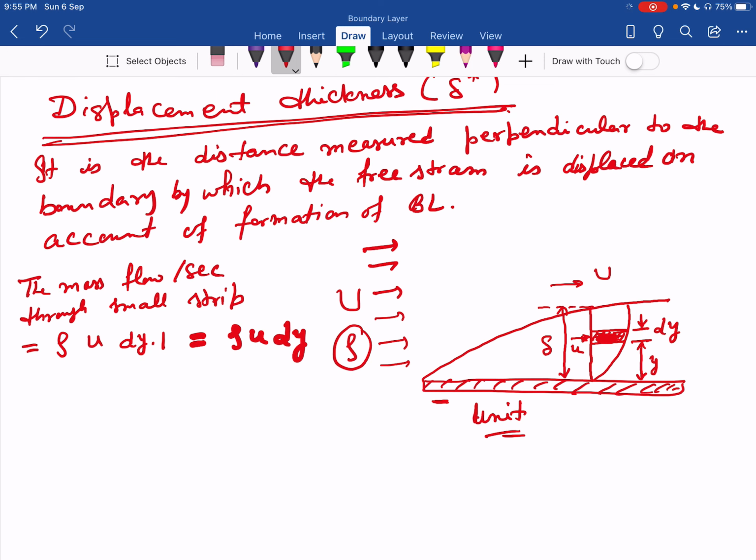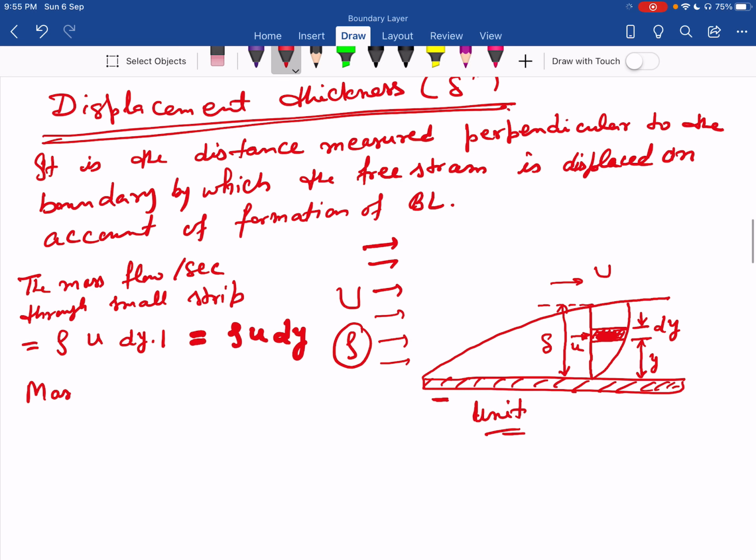Now again write the mass flow per second through the small strip.